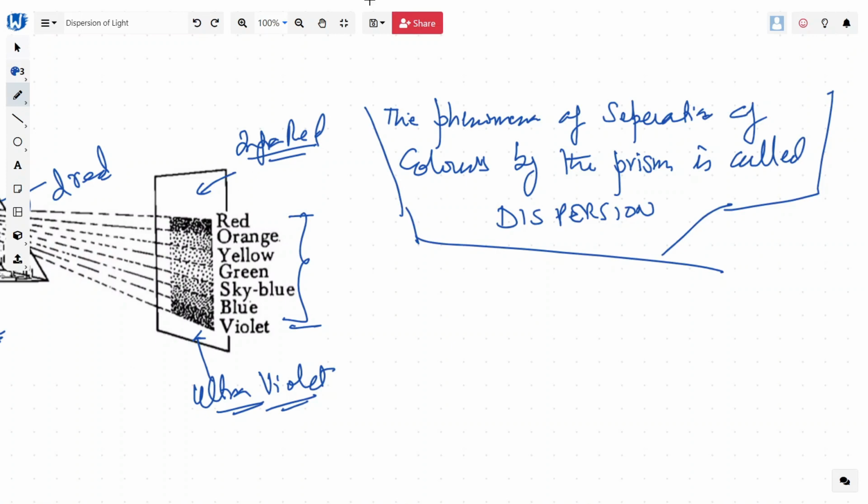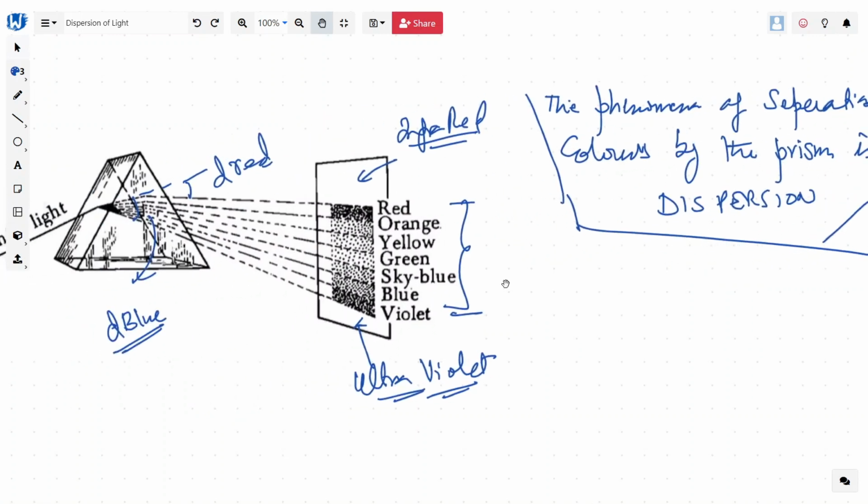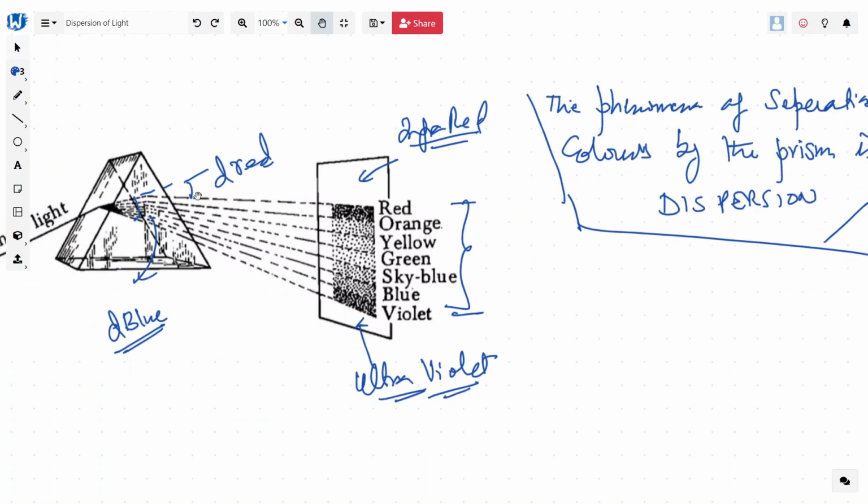Now in here you want to know how much is the dispersion, right? So here you can see that the red light is getting turned by a smaller angle, so let's call it theta r, and blue light is getting turned by a bigger angle called theta b, and the difference between that, this angle, is basically what we call angular dispersion.